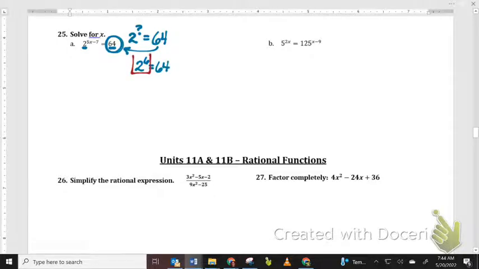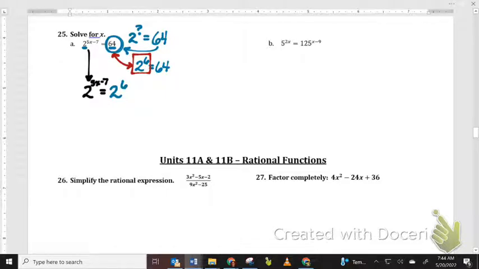So since this is equal to 64, I can swap out things that have equal value. That is substitution. So 2 to the power of 6. This other side I'm just going to bring straight down. So that is equal to 2 to the power of 5x minus 7. And don't both 2's cancel out?